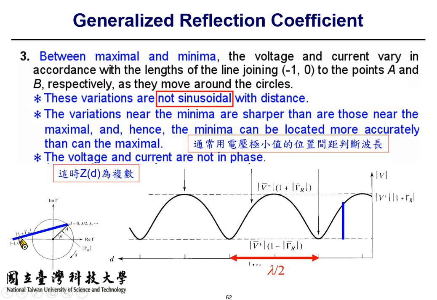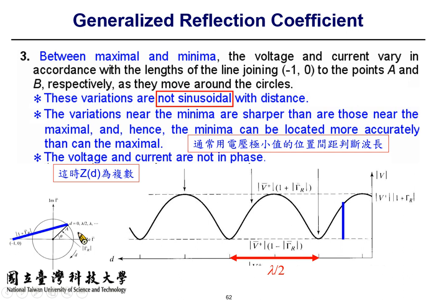Then if you track down the total voltage on this circle, which reaches maximum here and reaches minimum here, and you draw the horizontal line as distance, you will find that the separation distance between maximum and minimum are half a wavelength.